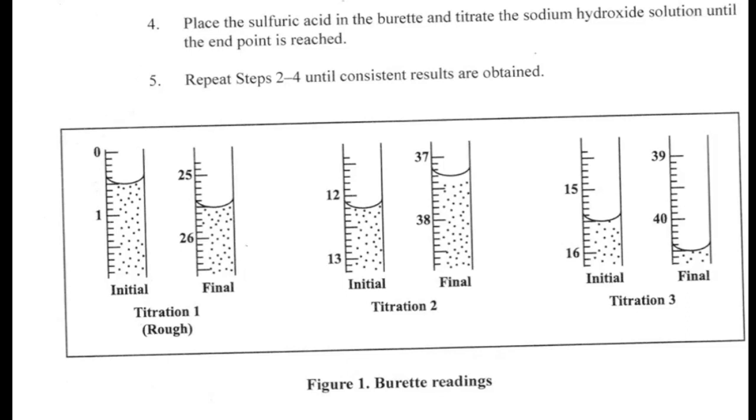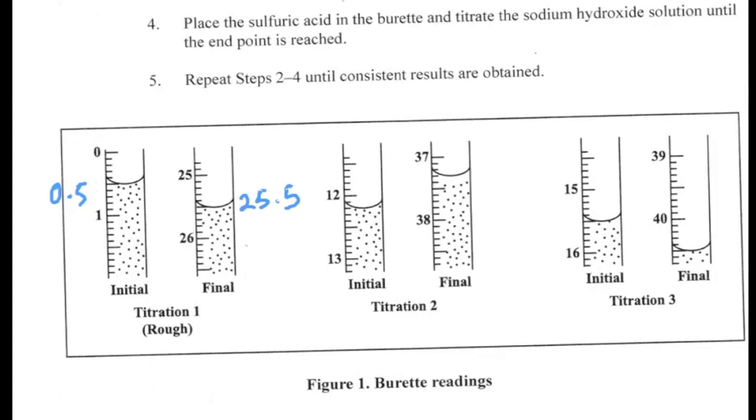Each of these little marks represents 0.1 cm³. So we're going up by 0.1, 0.1, 0.2, 0.3, 0.4, 0.5. This one is 0.5. And then here, the final for the rough titration is 25.5. So the initial is 0.5, the final is 25.5.